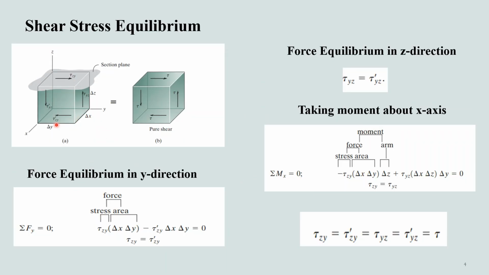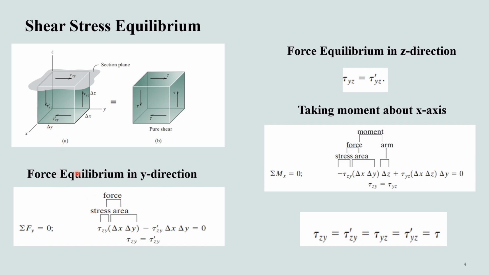Let's consider a volume element that has been cut from a material that was subjected to this stress tau zy at this location. Now, equilibrium requires that this stress must be accompanied by stresses on all the three faces of this volume element. Let's consider the force equilibrium in y direction.